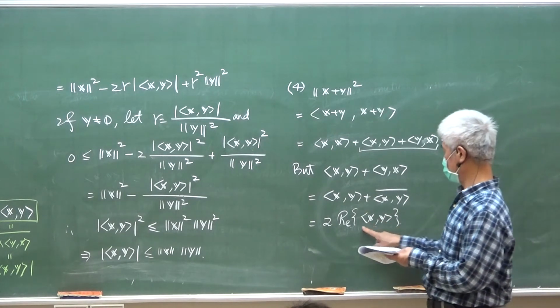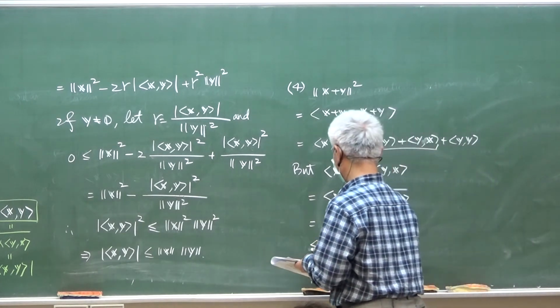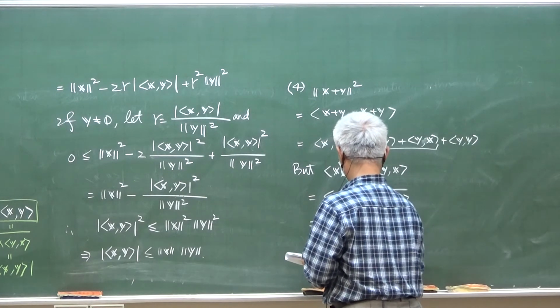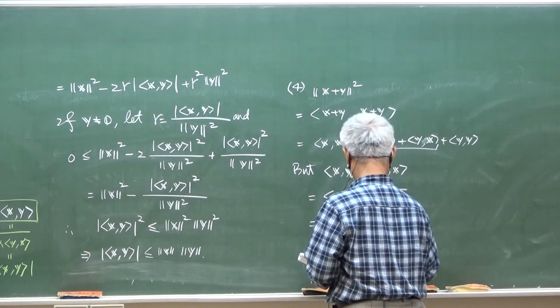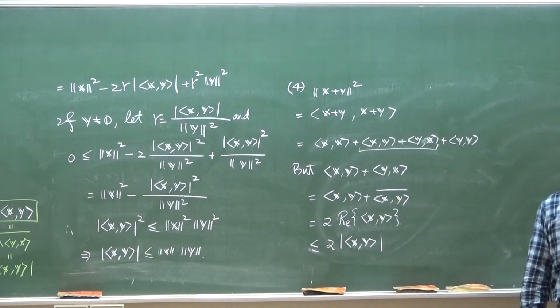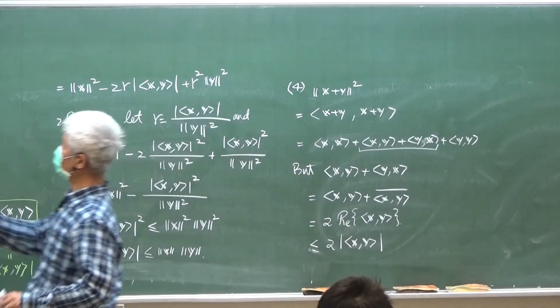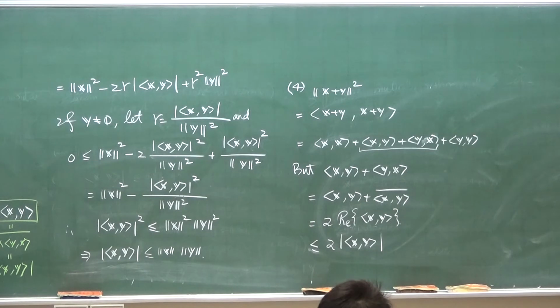And the real part is bounded by the absolute value, just like here. The real part is the length of this segment, the leg, which is always less than the length of the hypotenuse, from the Pythagorean theorem.